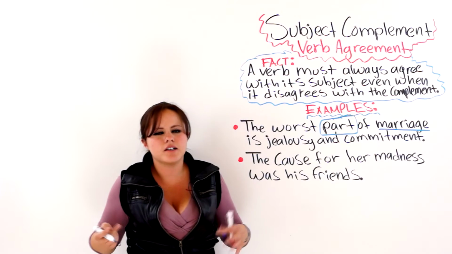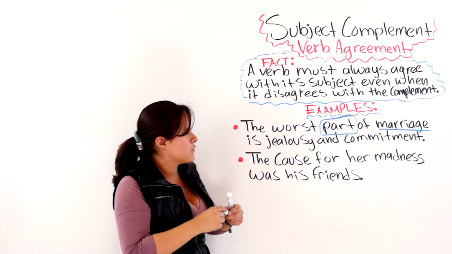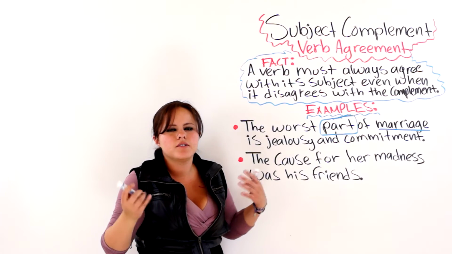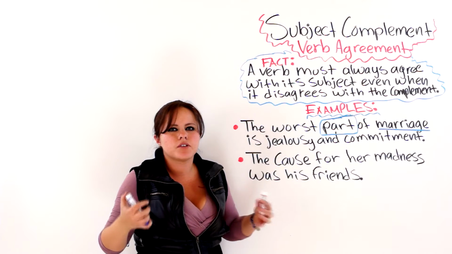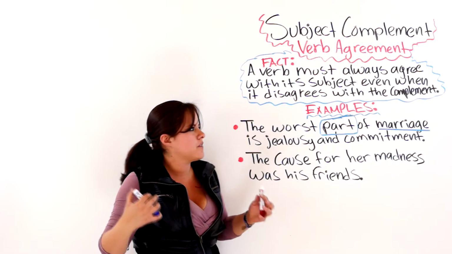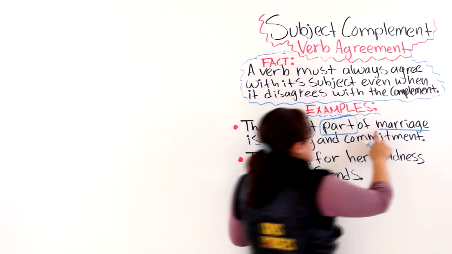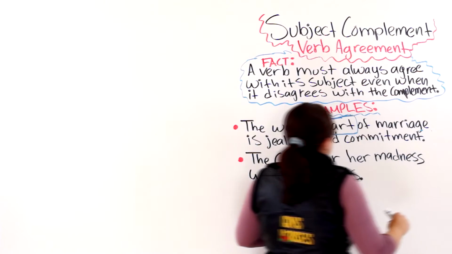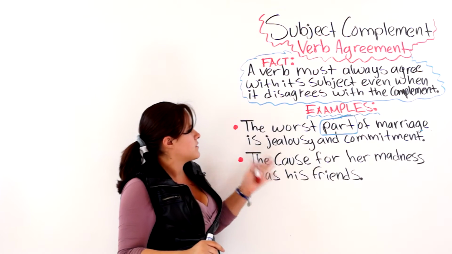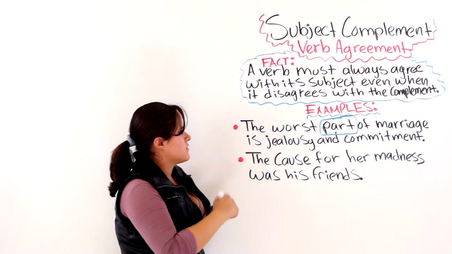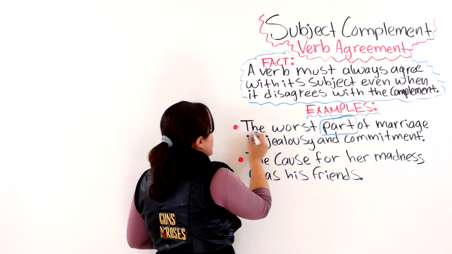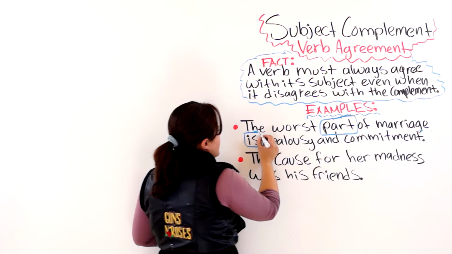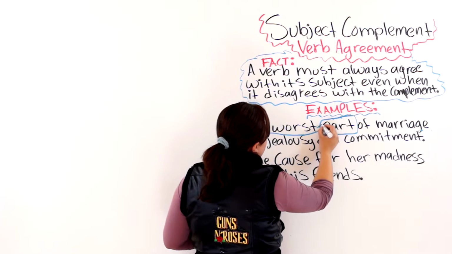Because it is in a prepositional phrase. And you know that you cannot find verb subjects in prepositional phrases, right? So this is not our subject. The subject is part. The worst part of marriage is jealousy and commitment. As you can see, the verb agrees with its subject, part.